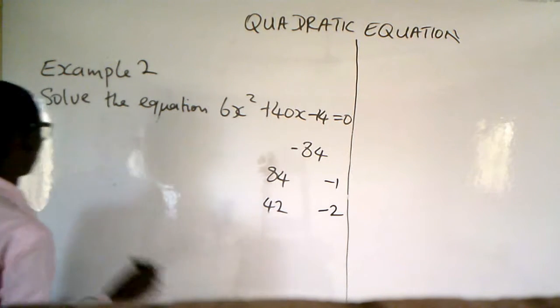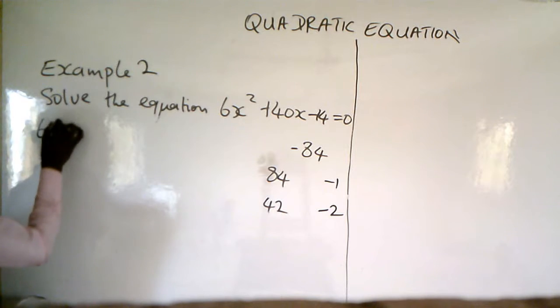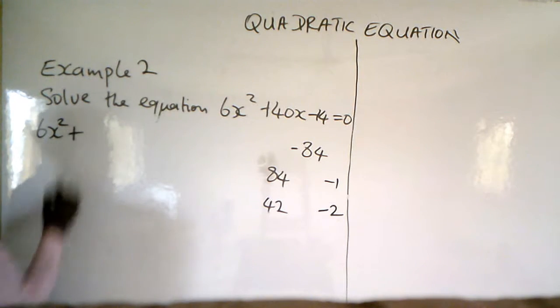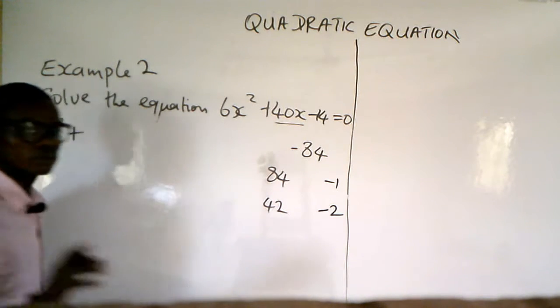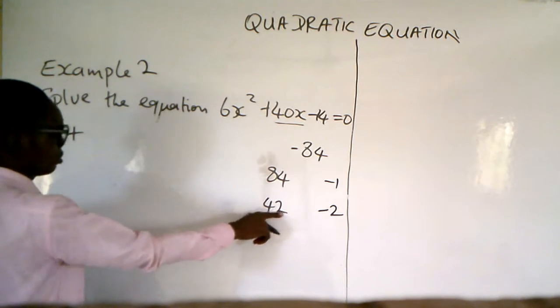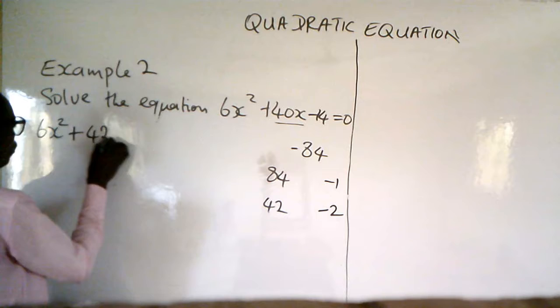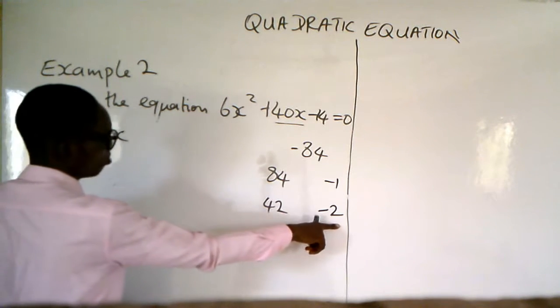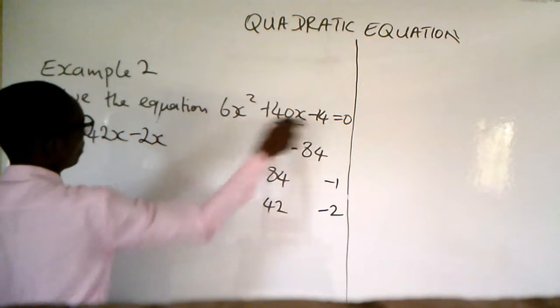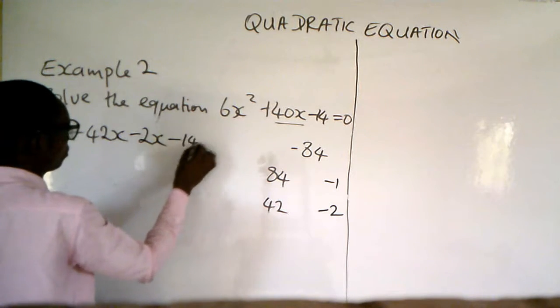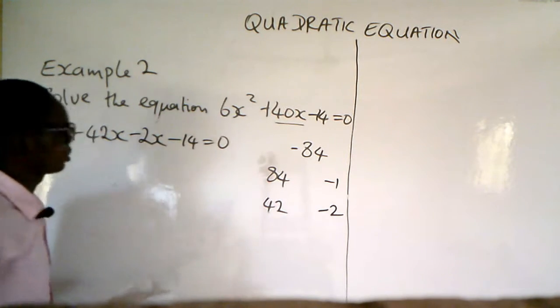Rewrite this equation as 6x squared plus, instead of writing 40x, I will say 42x minus 2x, then minus 14 equals 0.